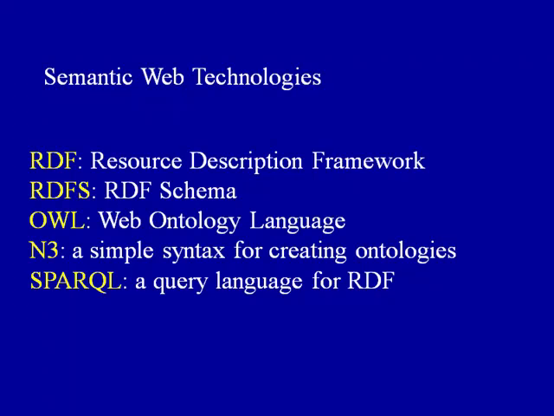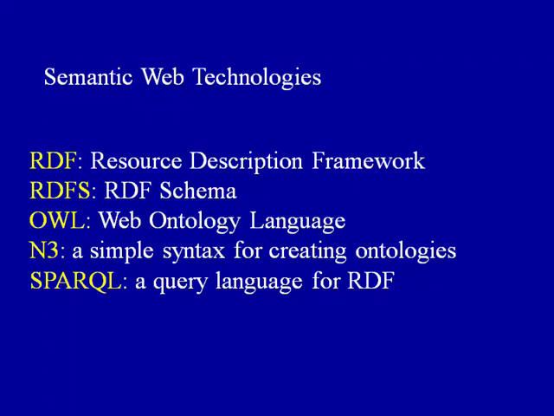One is RDF, the Resource Description Framework. Another is RDFS, which is RDF Schema, a way to describe the kind of things you're going to be talking about in your semantic web world, also called an ontology. Then OWL, a web ontology language for describing the relationship between things in your semantic universe.